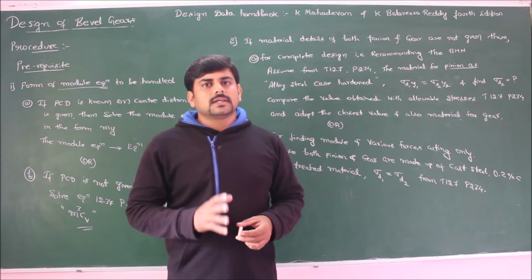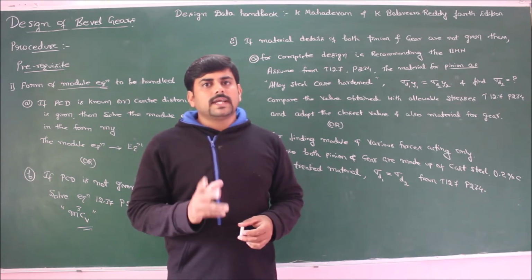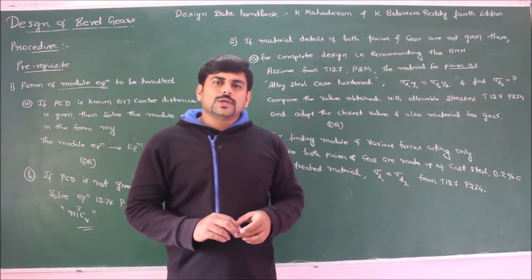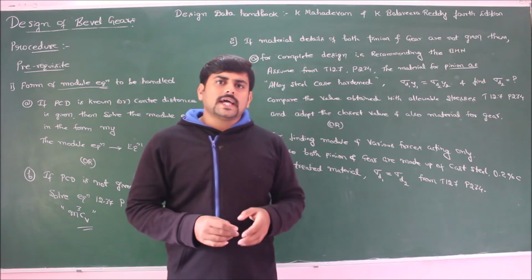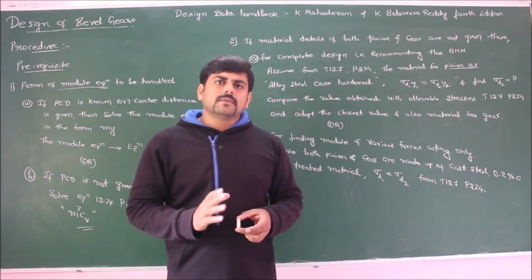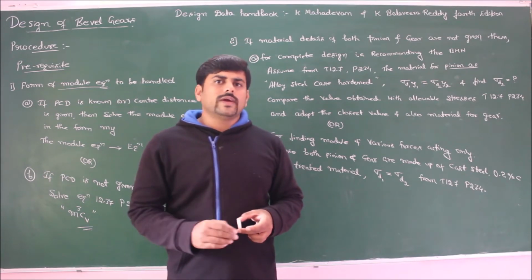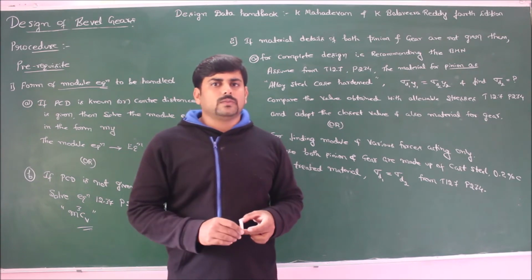For bevel gears, the hardness should be very high compared to spur gears and helical gears. Once you adopt alloy steel case hardened material for pinion, next as usual you employ the formula sigma d1 y1 is equal to sigma d2 y2 and find the value of sigma d2.